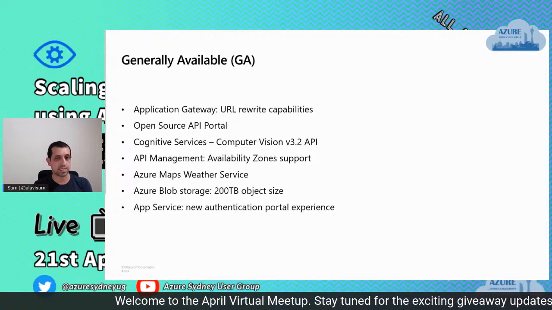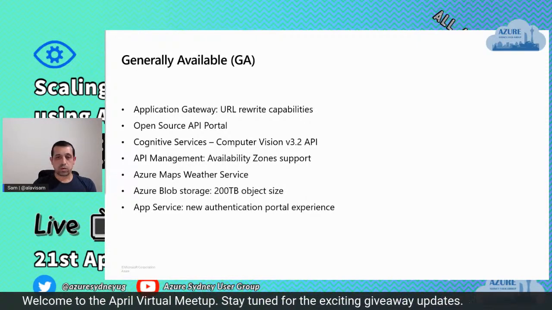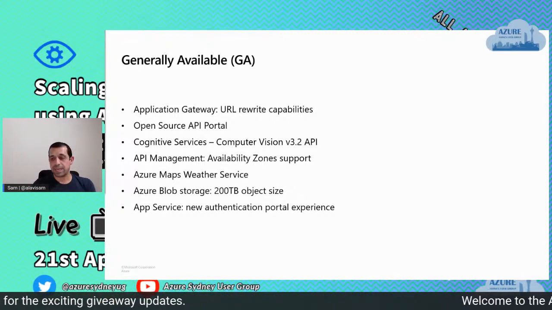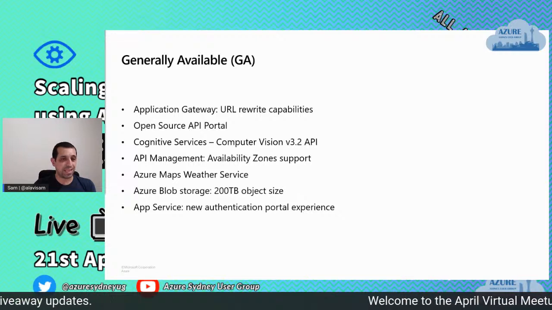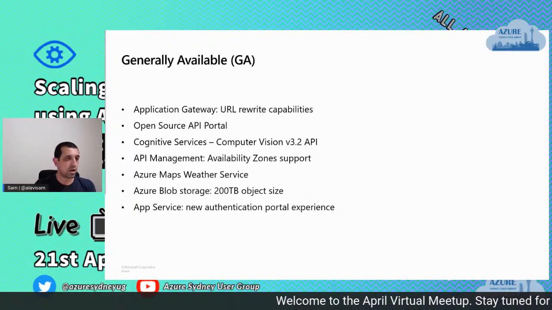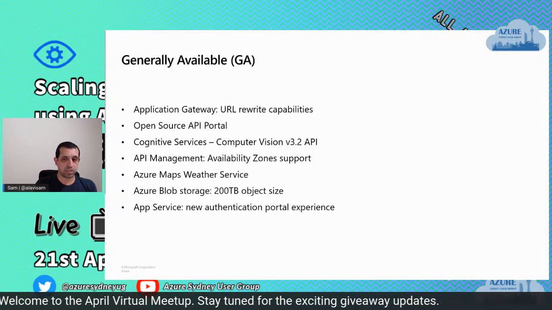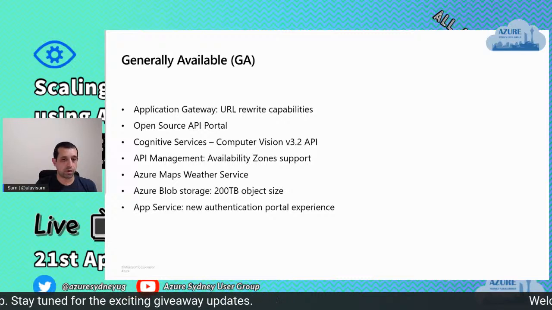but using the same instance. Open source API portal is another interesting project, again from Microsoft. Basically, it's a new and independent feature, independent from API management, which lets you create and publish a customized site with API documentation totally for free without writing any code.